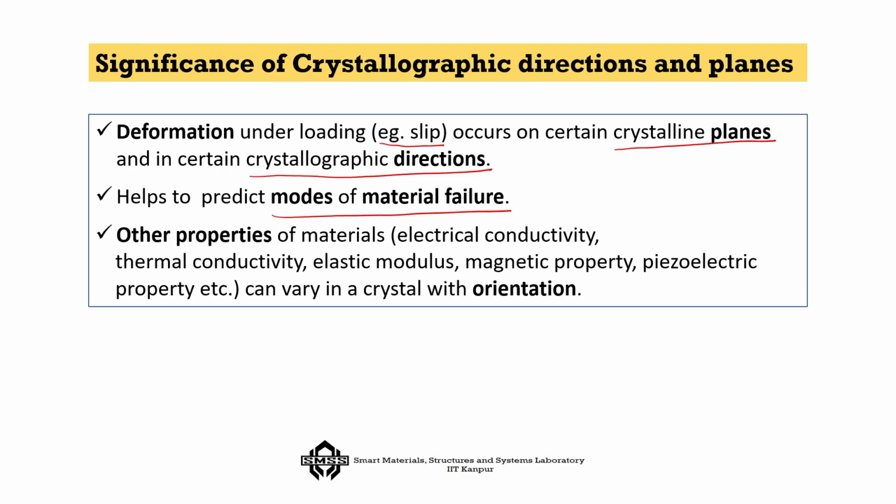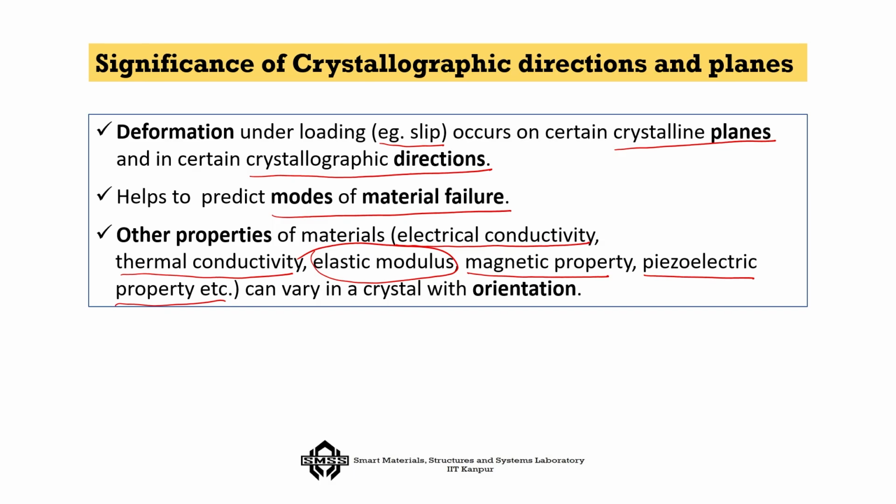Now, it is not only true for the mechanical properties, but this concept will also be important towards electrical conductivity, thermal conductivity, and elastic modulus, which I already told you comes under the mechanical property, as well as magnetic property and piezoelectric property. These are all orientation dependent. So, the concept is very powerful.